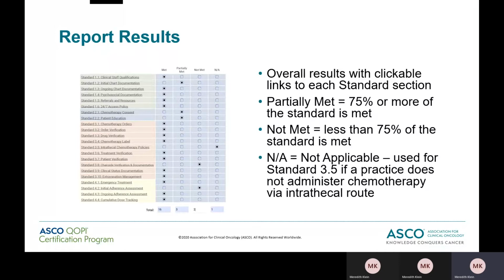Again, that's an unmet standard. It will also have a standard requirement. It just means more of that standard was assessed as unmet. The NA, or not applicable category, is used for standard 3.5, which applies only to practices that administer chemotherapy via the intrathecal route.